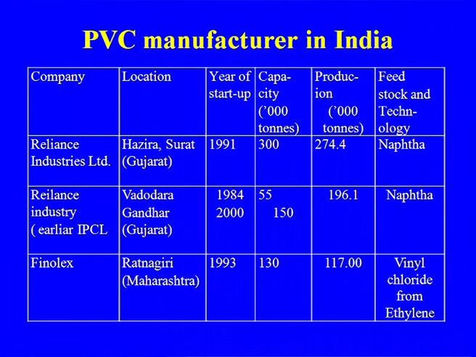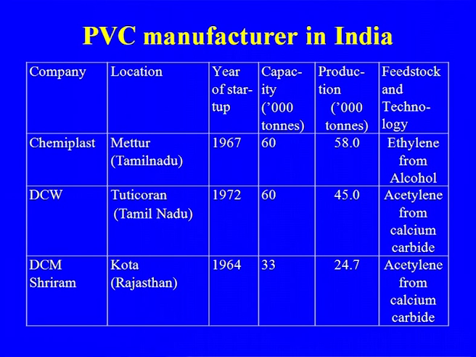Here you can see the sources of feedstock: naphtha cracker, Finolex vinyl chloride from ethylene, and then Chemplast ethylene from alcohol, Mettur, Tamil Nadu. This is the starting year, 1967. Then the acetylene from calcium carbide route, DCM Shriram, Kota, Rajasthan. They are again using the acetylene from calcium carbide route for vinyl chloride.